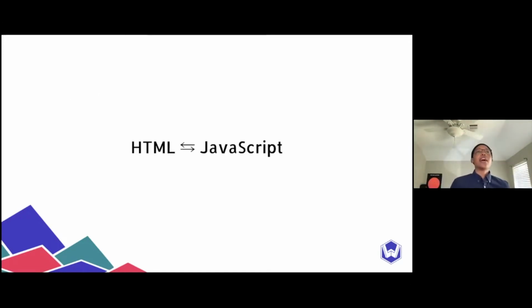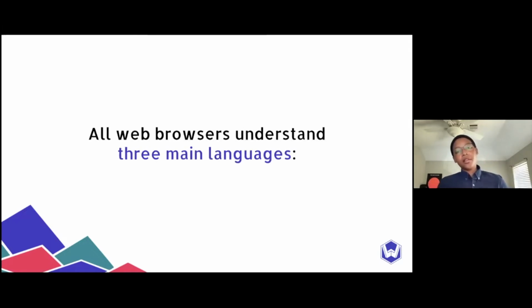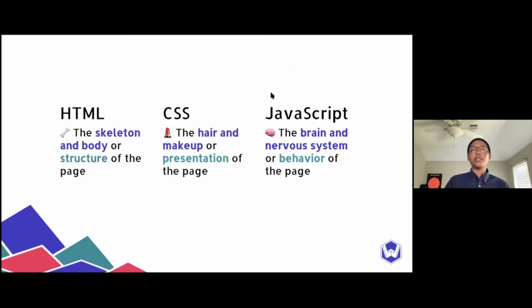Okay, how does HTML talk to JavaScript? Let's find out. Well, all web browsers pretty much understand three main languages. And a lot of you are probably familiar with them or have heard of them before because they're pretty famous. We got HTML. So HTML is the structure of the document. You've probably seen it before.